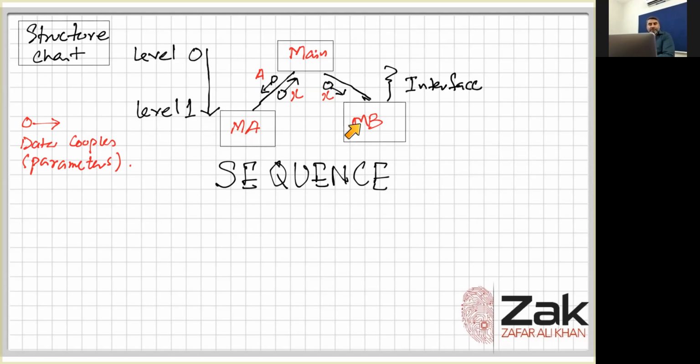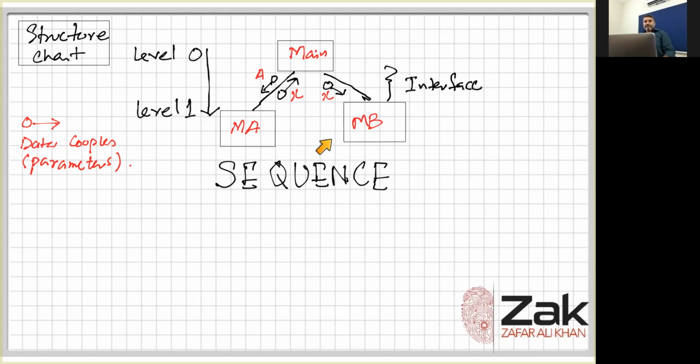There is no other way, if it is not defined, to think that it might be a different way of calling these or the other way around. It is always from left to right unless there is something attached to it. So this is called sequence. When modules are called, they are called in sequence from left to right.